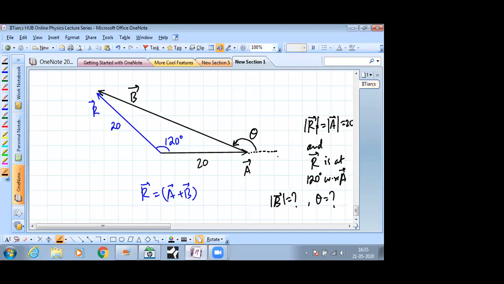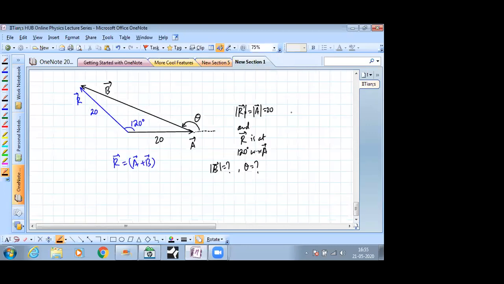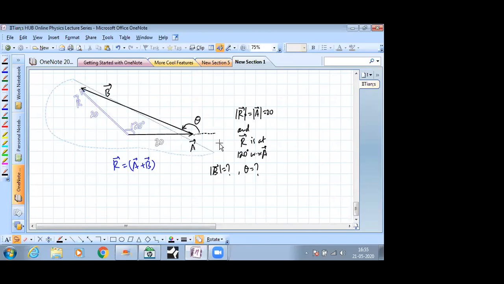Okay, so let's see what all methods we can apply here. I will do one method first, then you can try two other methods yourself. The first thing I'll do is try and use any principles of plane geometry that I can.